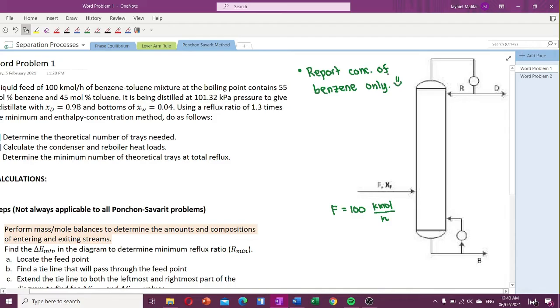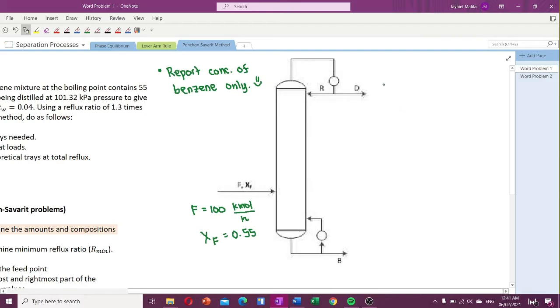To make us more organized, because I think the diagram later will use benzene as the mole fraction, it would be wise for us to report only the benzene. So the mole fraction here is 0.55.